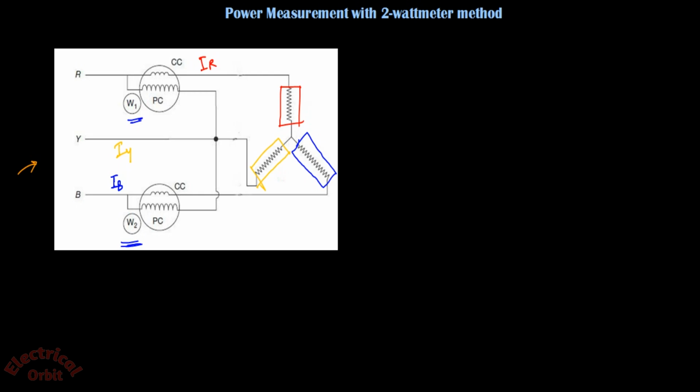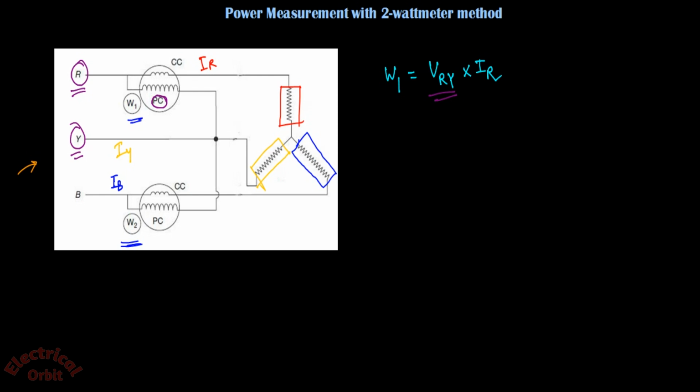Now what is the wattmeter 1 reading, or W1 reading? W1 reads the voltage between R and Y phase and the current in R phase. Why? Because this pressure coil is connected between the phases R and Y. The pressure coil is used for determining the voltage, and the voltage is the potential difference between R phase and Y phase, that is VRY.